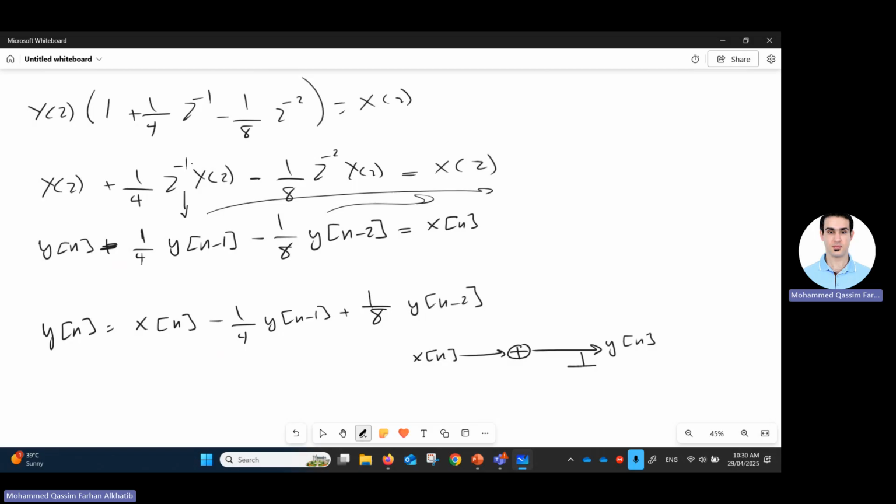So I'm going to create a delayed version of y, z negative 1. So that is y of n minus 1. I will scale it by negative 1 over 4. Then you put it at the adder.